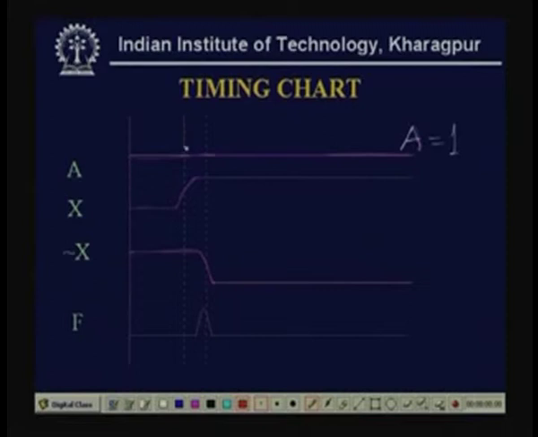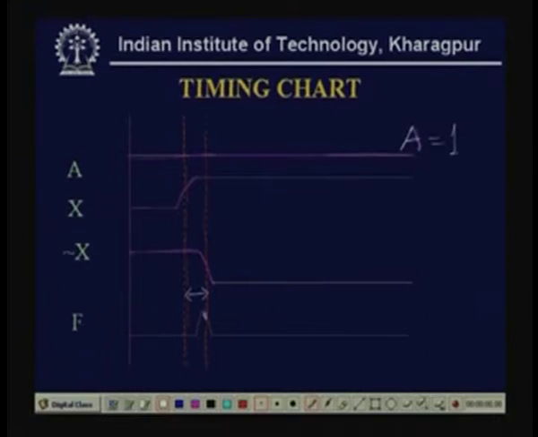So, it will take this time. This is the time it will be taking for this transition, to make the X inverted, or for the output of the inverter to be stable.